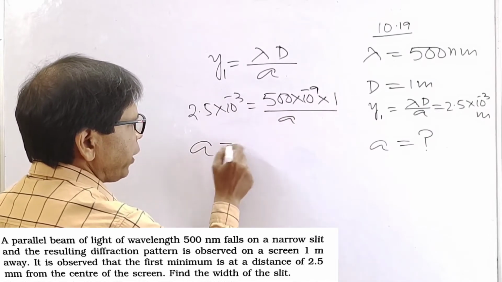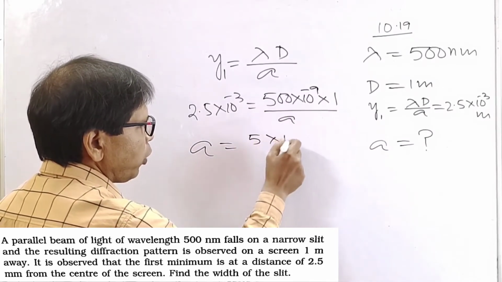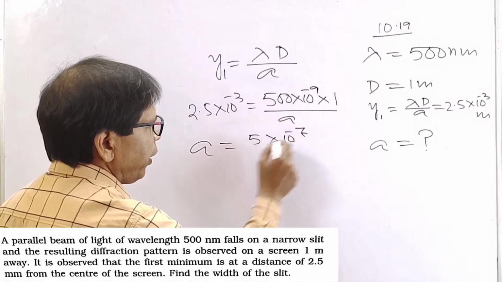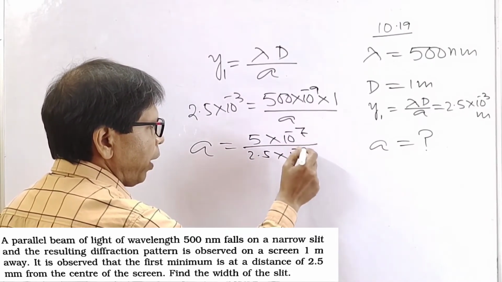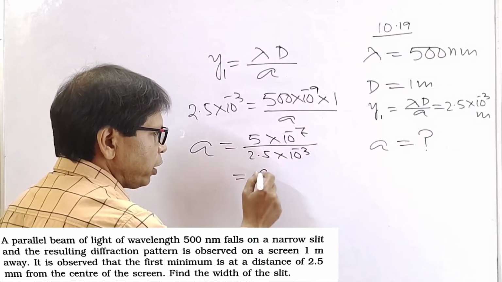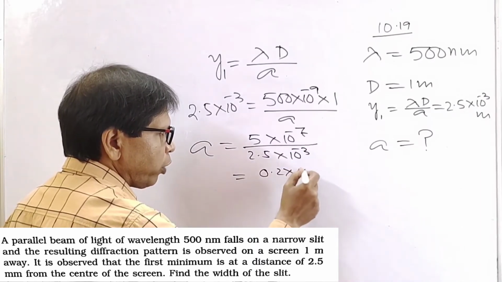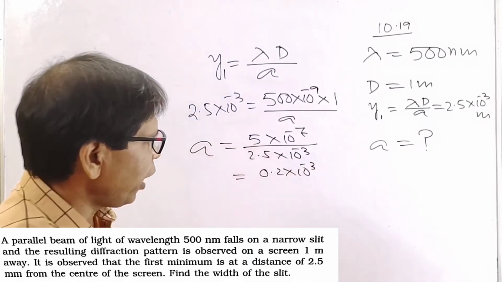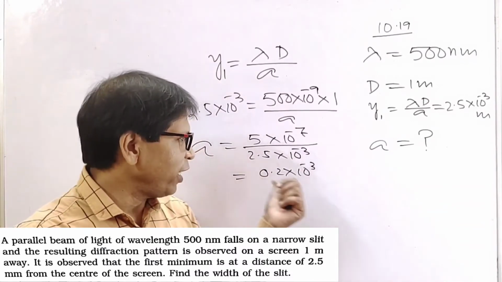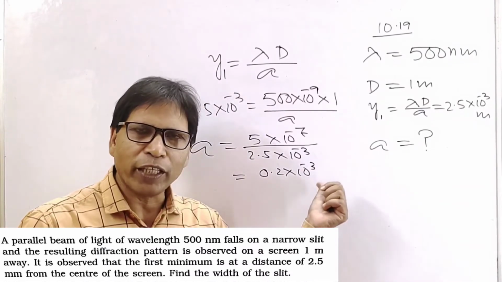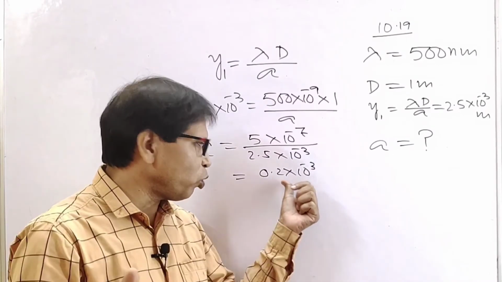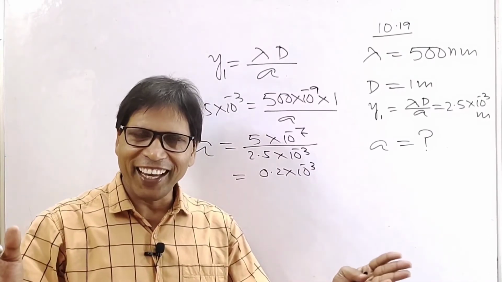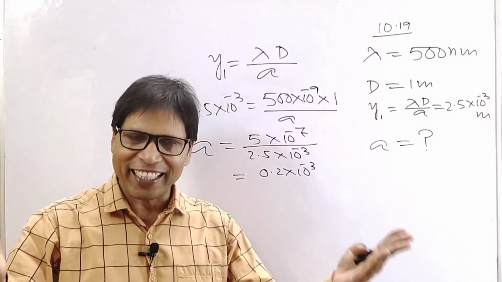So a equals 5 into 10 to the power minus 7 divided by 2.5 into 10 to the power minus 3, which is 0.2 into 10 to the power minus 3. Therefore, the width of the slit is 0.2 into 10 to the power minus 3 meter, that is 0.2 millimeter. Okay, understood? Now next.